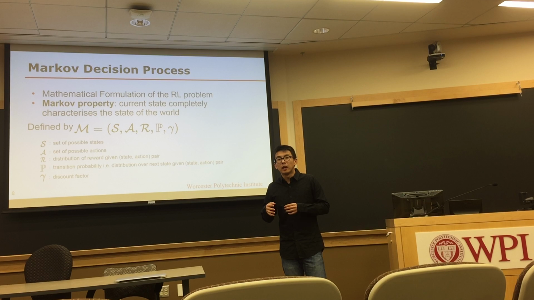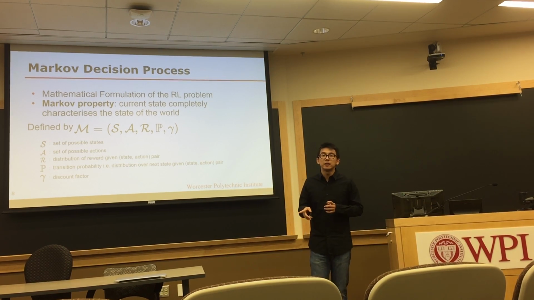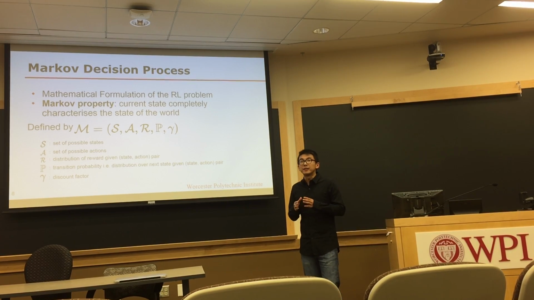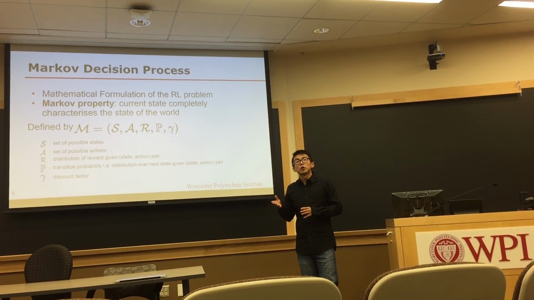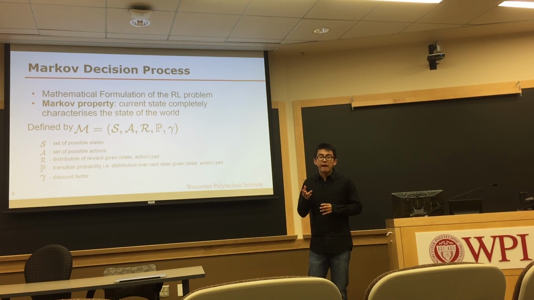However, this discount factor can be 1, meaning I value the future reward as much as the current reward. This can be useful in some applications, for example, safety applications, where you will not say, okay, I care less about safety in the future.